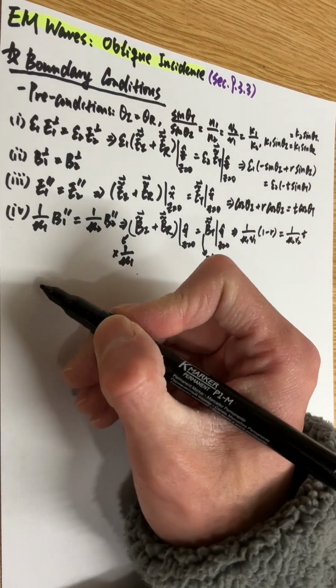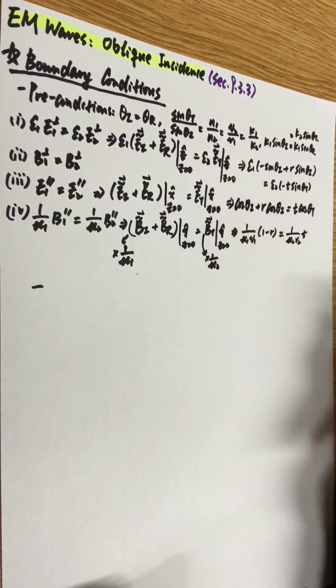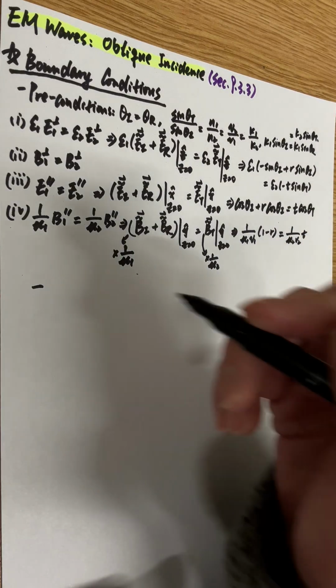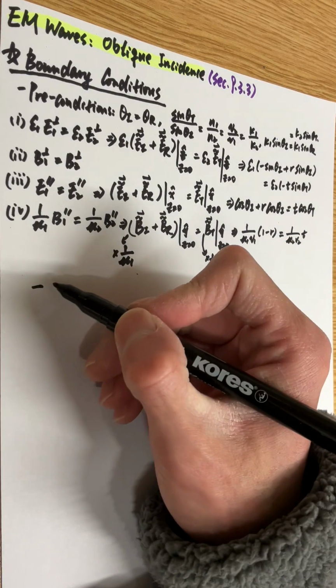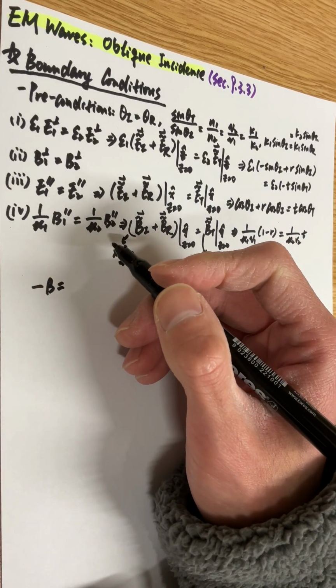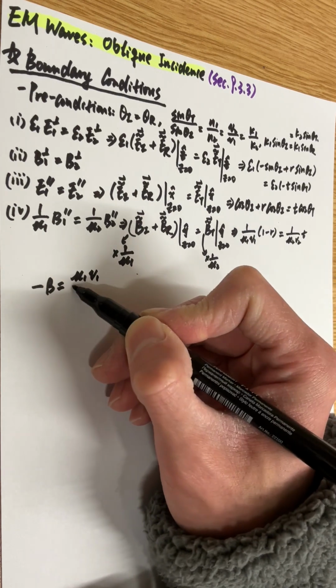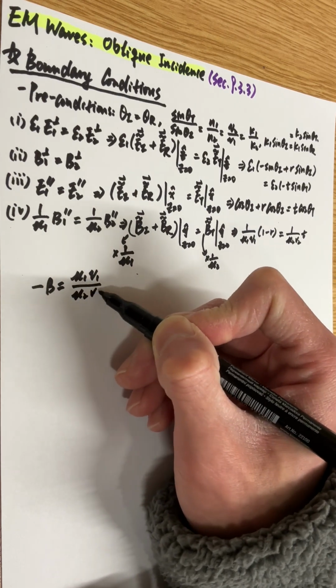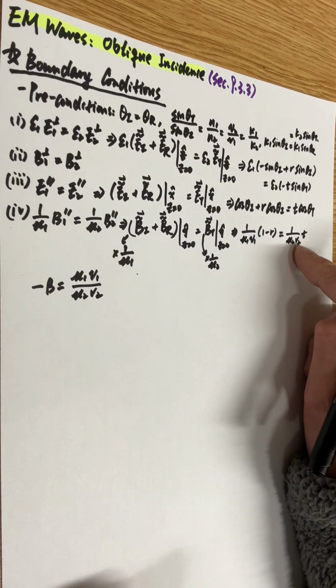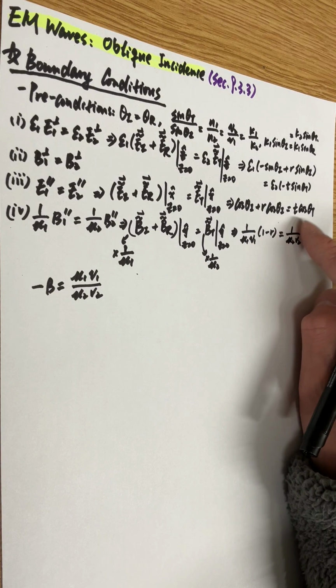So now let's define a parameter to help us summarize all these relationships. First, based on this, we want to define a beta equals mu1 v1 divided by mu2 v2. So this would be beta if you move mu1 v1 to the right hand side.